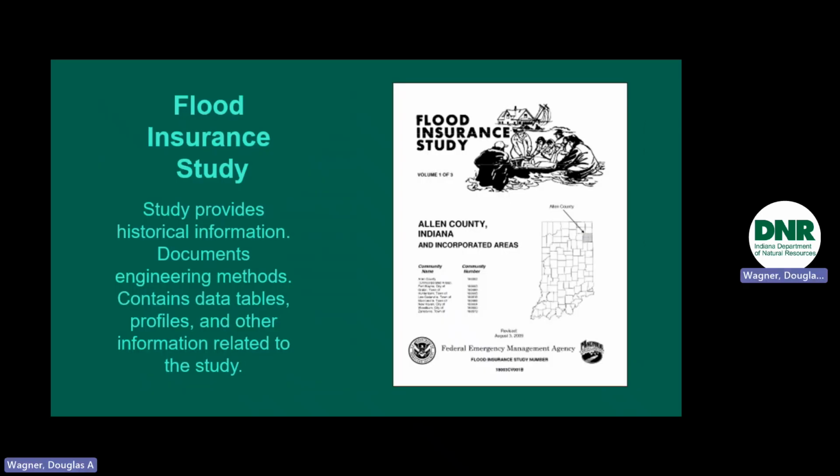The flood insurance study, or FIS, provides historical information about the county and documents the engineering methods used to determine the information contained in the document. It also contains data tables, stream profiles, and other information related to the study.